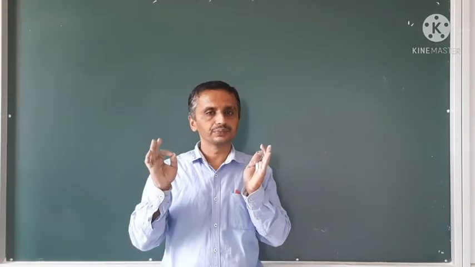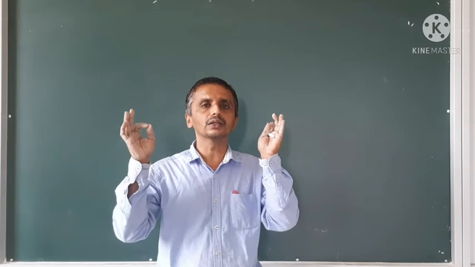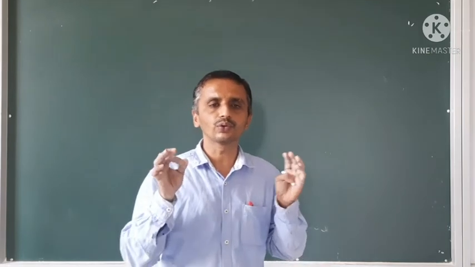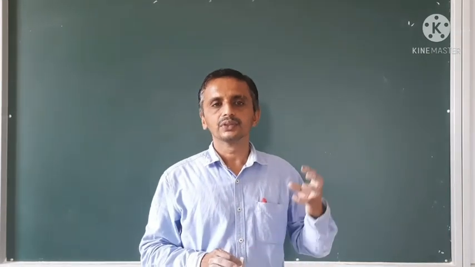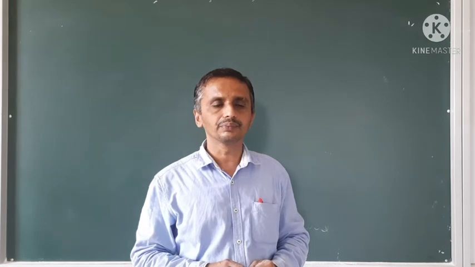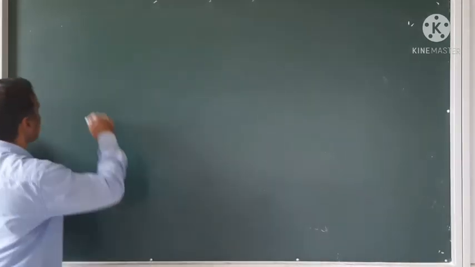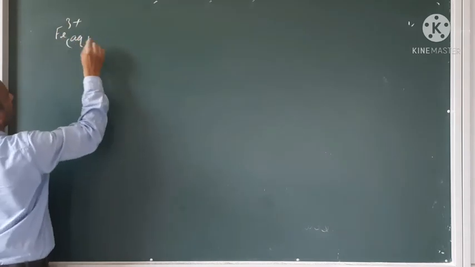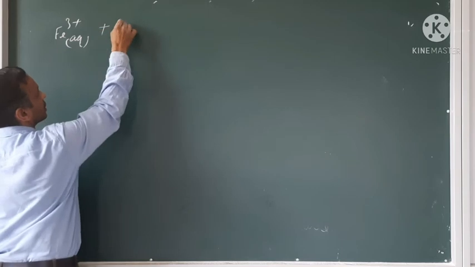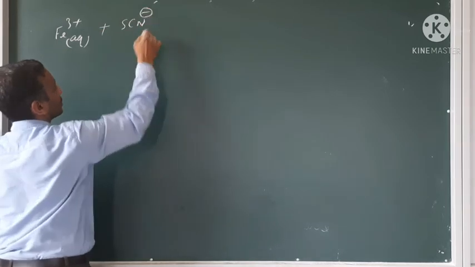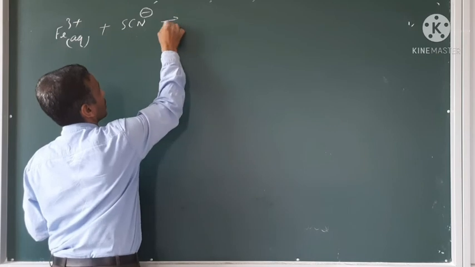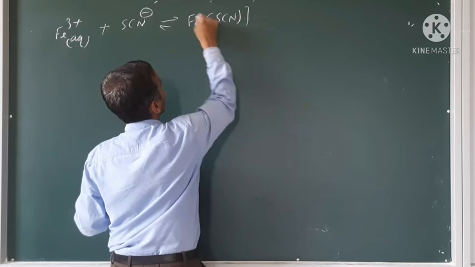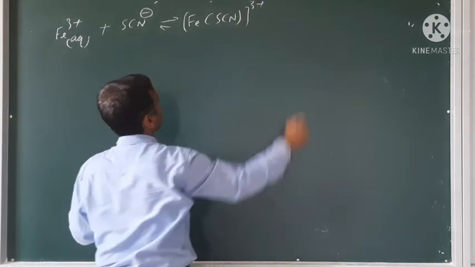See, when it says concentration of the reactant or the product is decreasing, it does not mean you have to manually remove it. A certain reaction will be there. For example, Fe3+ aqueous plus SCN- giving FeSCN2+.